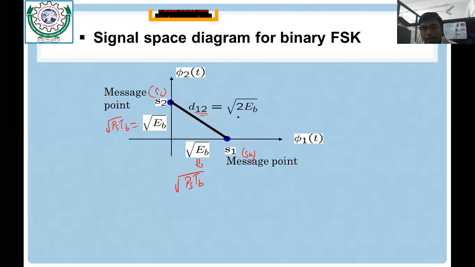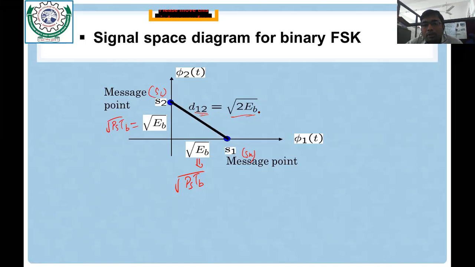So this is the equivalent distance between the two signal points of the binary FSK signals on the signal space diagram. These are all very important terms that you should always keep in mind: the bandwidth of the scheme, whether it is BPSK or BFSK, the Euclidean distance, and how to represent the signal space diagram.